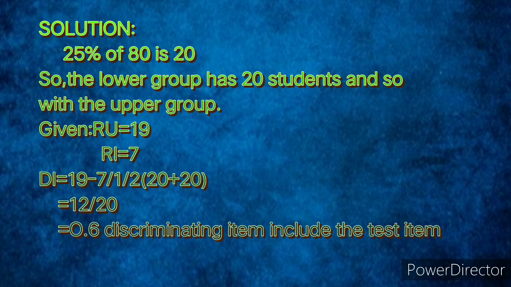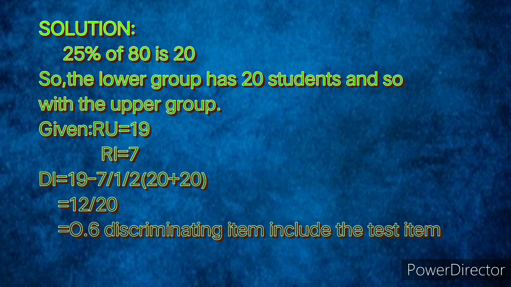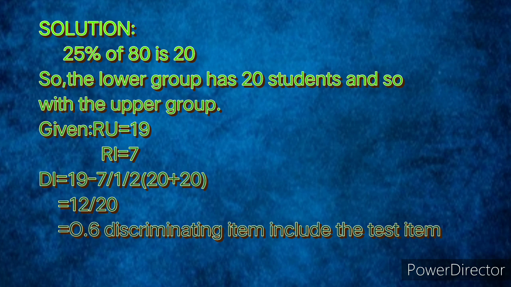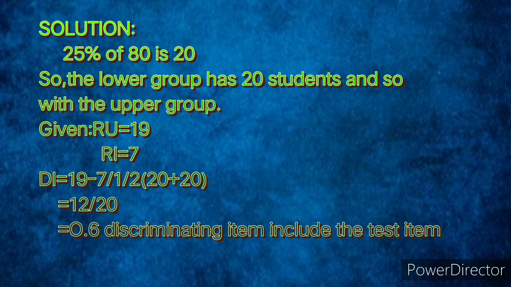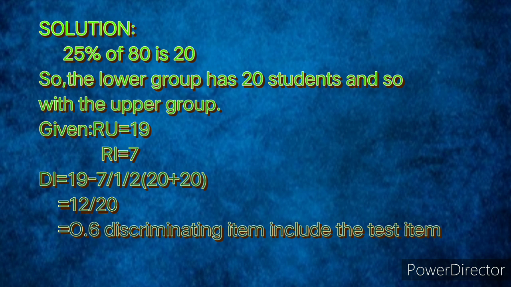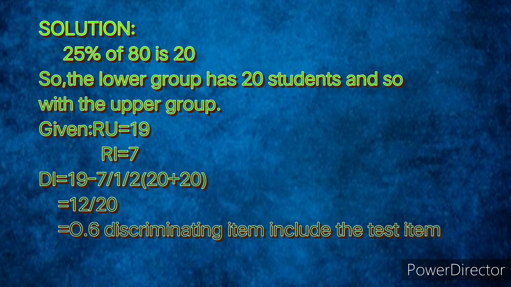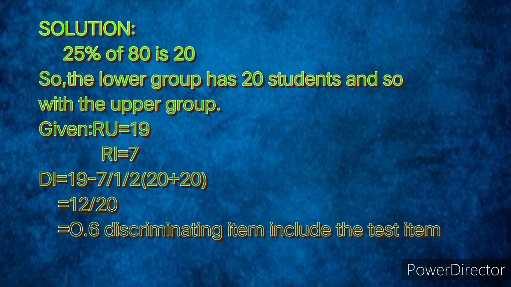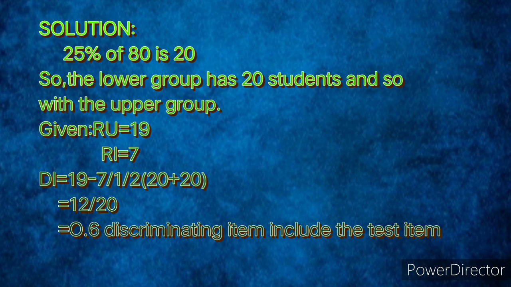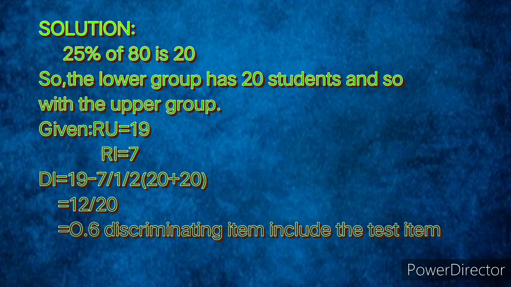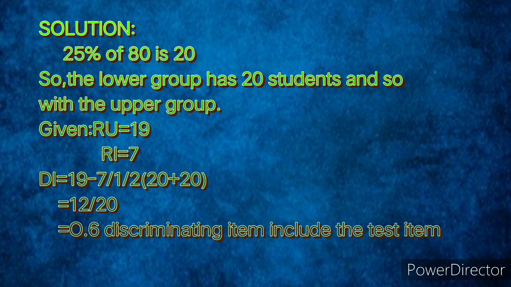So the lower group has 20 students, and so does the upper group. Given RU is equal to 19, RL is equal to 7. So DI is equal to 19 minus 7 over 1/2 times 20 plus 20, which is equal to 12 over 20, equals 0.6. Discriminating item, include the test item.